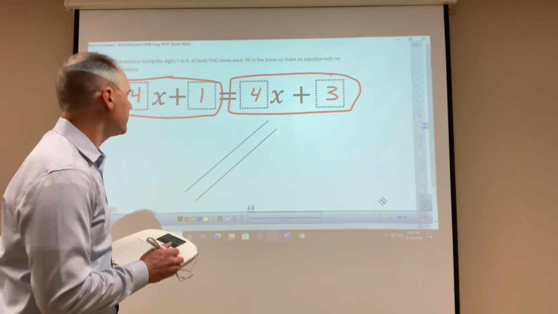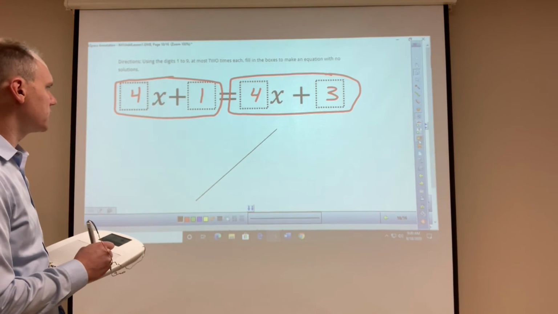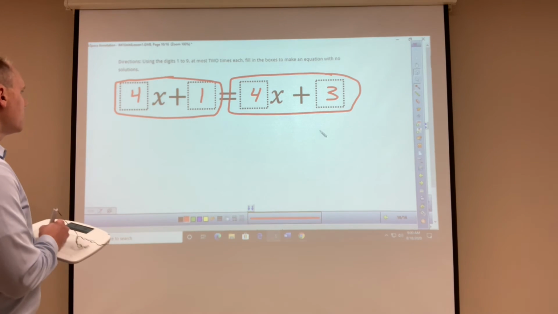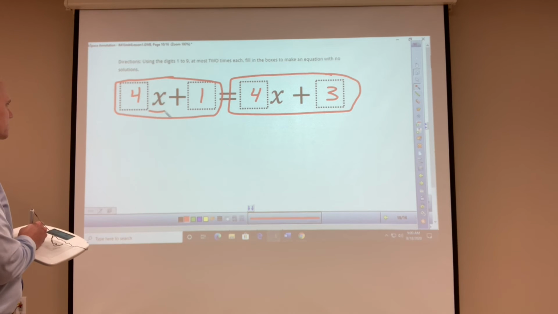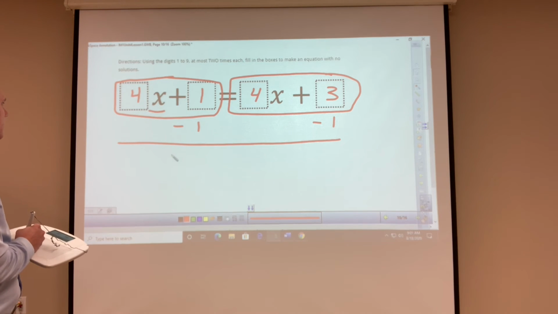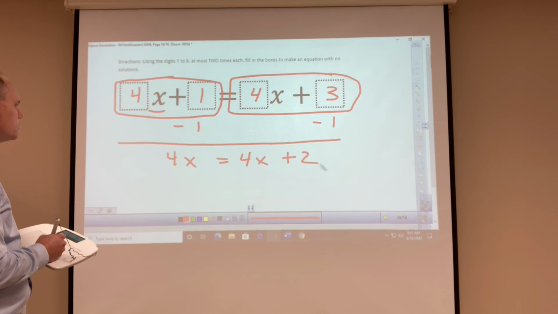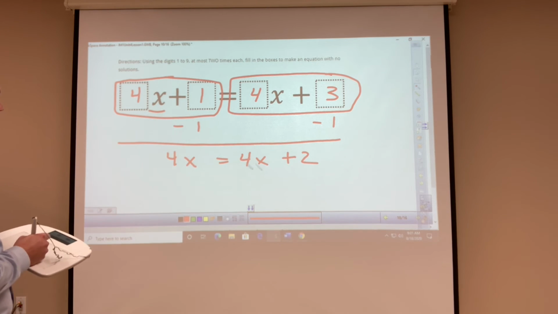All right, let me show you how this works out algebraically if we were to actually try to solve this. Maybe let's solve for this x here. So we subtract 1 on both sides, and we get 4x equals 4x plus 2, and we subtract 4x on both sides.